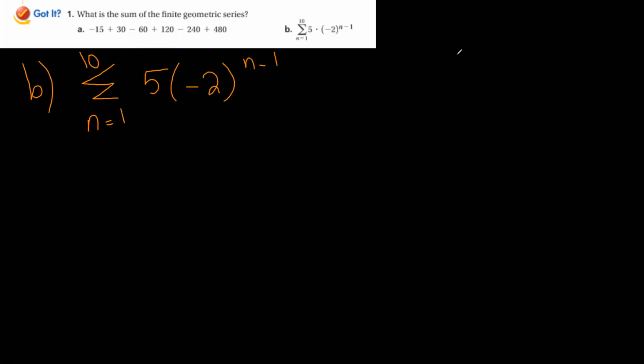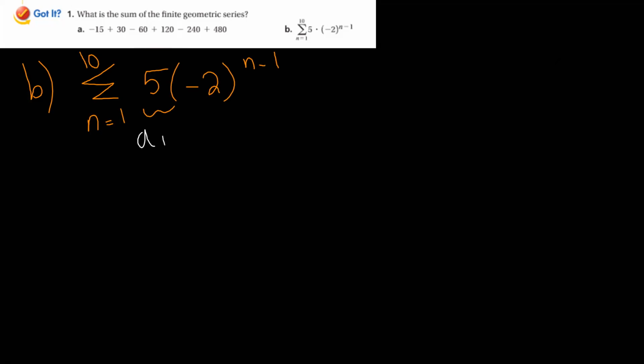And in B here, we have the summation from n equals 1 to 10 of 5 times negative 2 raised to the power n minus 1. Now for this one here, what is my first term? 5.